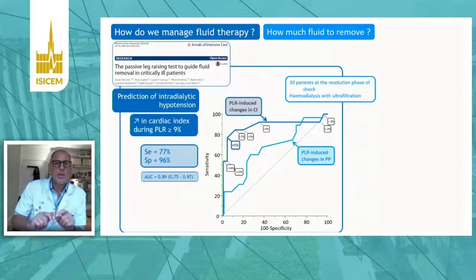I mean that if the passive leg raising test was negative before fluid removal, the probability of presenting hypotension was very low. And so the idea is that if preload responsiveness is absent, you can safely start fluid removal, but refrain from doing that if preload responsiveness is present.